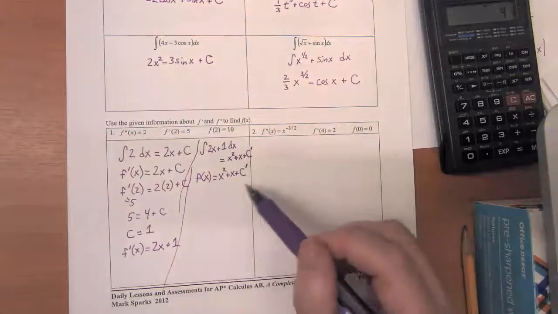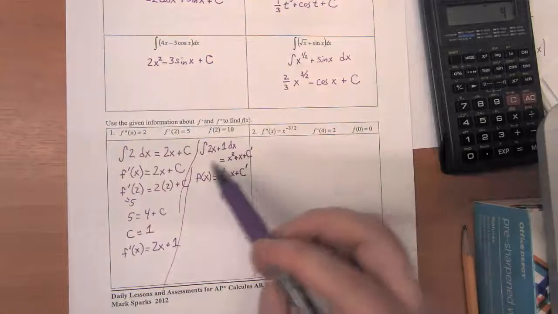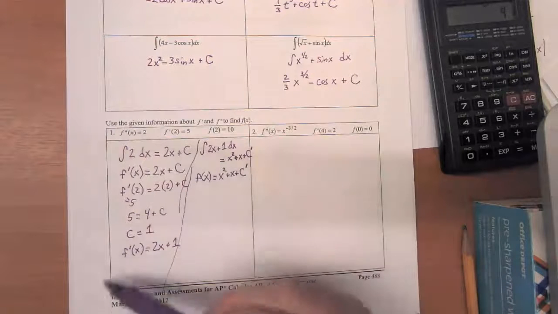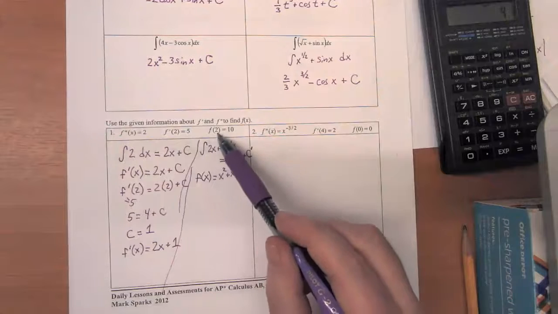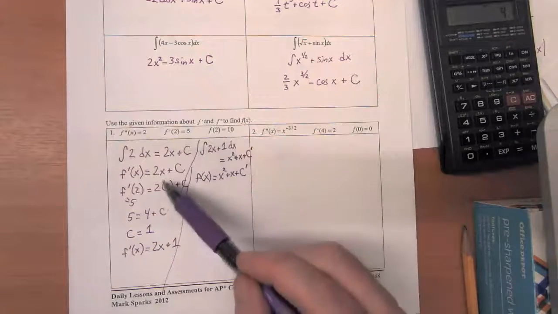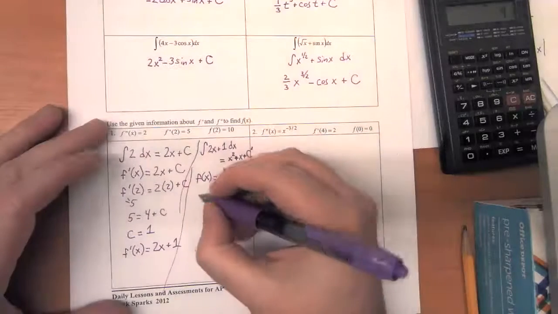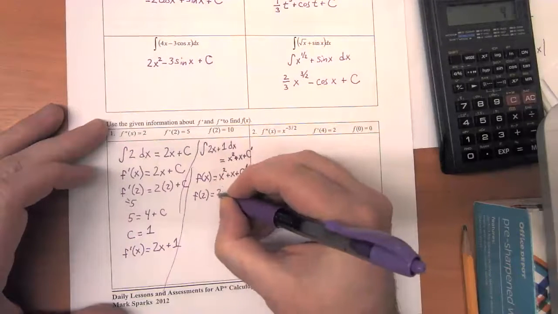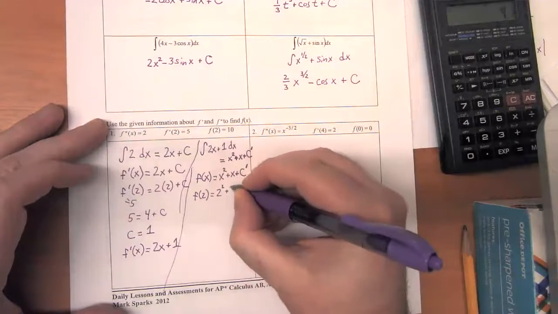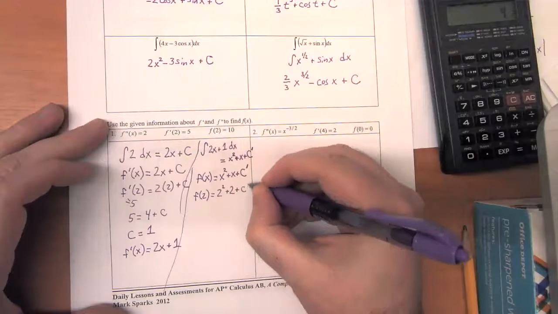But how can we figure out what c prime is? Can we do it the same way we figured out what c is? Yeah, we can, because we were told here that f of 2 is equal to 10. So we'll do the same trick we did before. So f of 2 is equal to 2 squared plus 2 plus c prime.